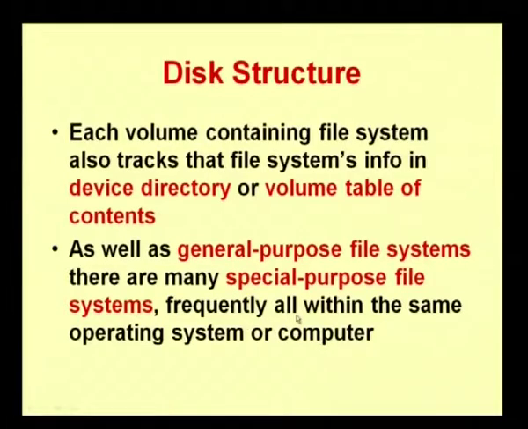But all these general purpose and special purpose file systems are put within the same operating system or computer. So from now on when you work, you will know the difference between a C drive, a D drive and an E drive, how it gets partitioned, and how it gets allocated in the disk.